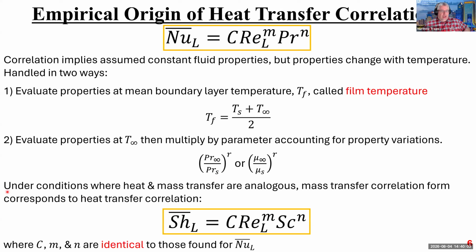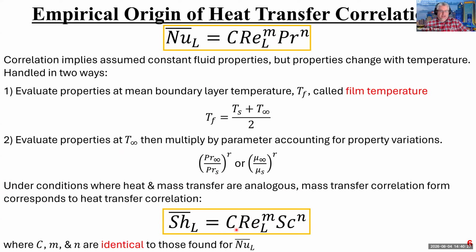Okay, so I say here, under conditions where heat and mass transfer are analogous, the mass transfer correlation is the same as the heat transfer correlation. So I mentioned this before. Once you've solved the heat transfer problem, you get basically a free bonus, which is the solution to the mass transfer problem. So we have a Nusselt number correlation here, and we have an identical Sherwood correlation here.